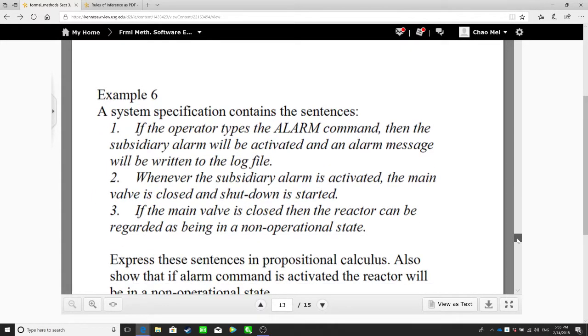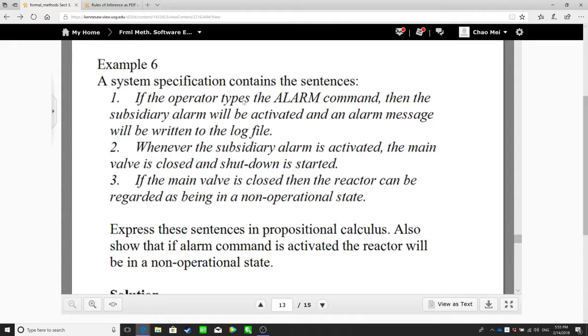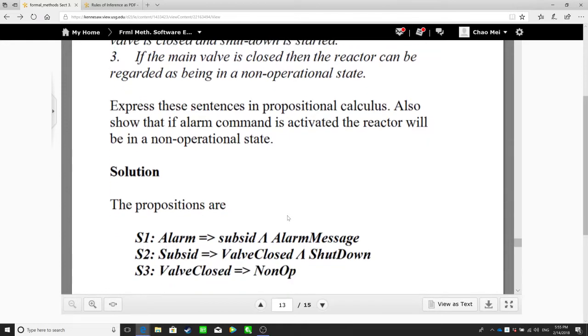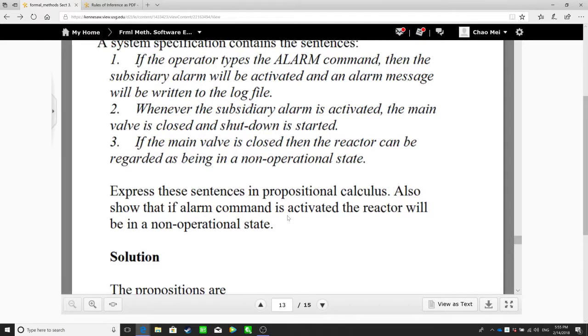Yeah, this is another thing. Example 6. This is a specification, contains the sentences 1, 2, 3. Those 3 sentences. Yeah. So the conclusion is the reactor will be in a non-operational state.